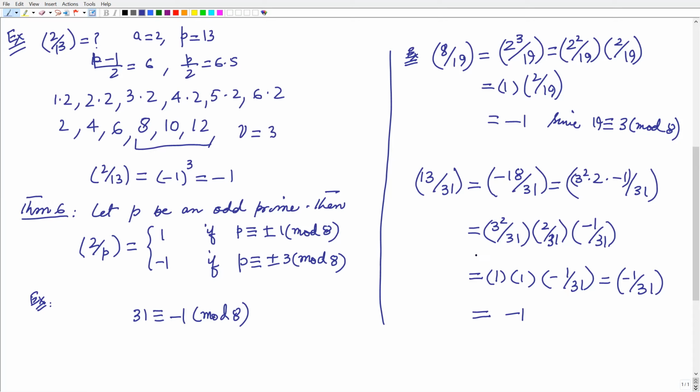So by using this theorem, we can also find Legendre symbols.